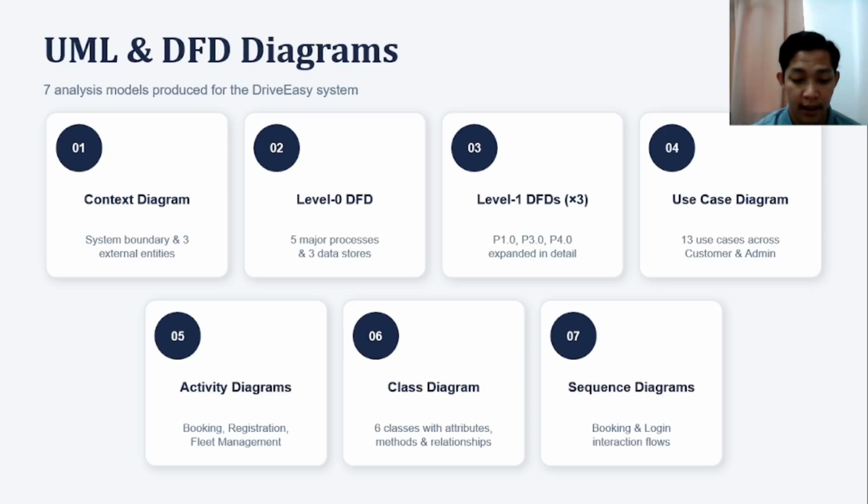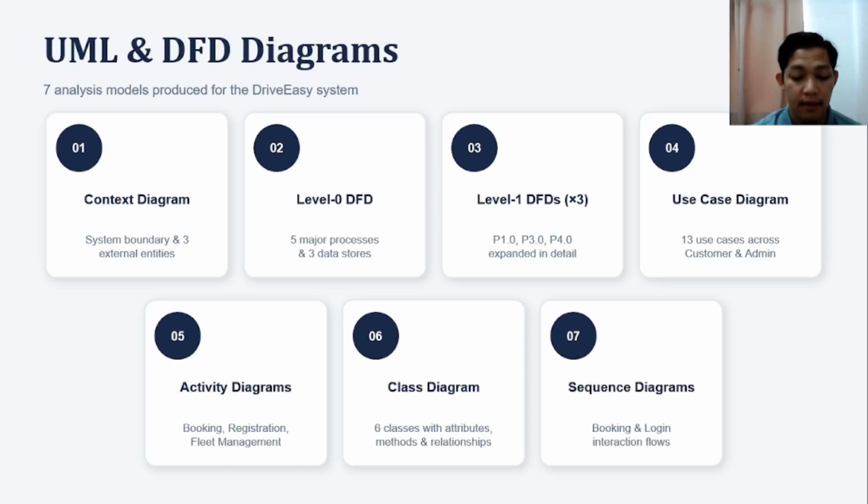For the UML diagrams, we create a use case diagram covering 13 use cases across customer and admin actors. We produce activity diagrams for the 3 most critical workflows: vehicle booking, customer registration, and admin fleet management.